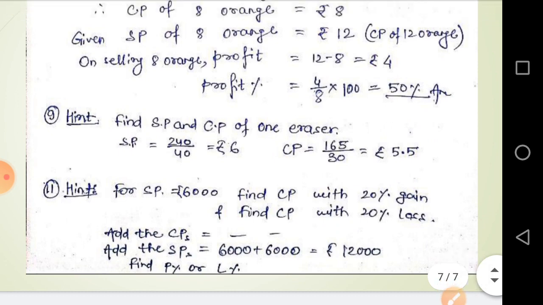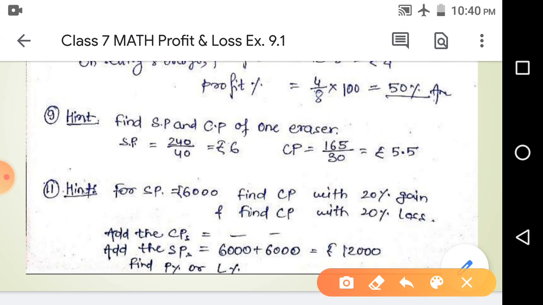Question number 11 is not the complete solution, but you can understand the hint given here. For SP equal to 6,000, that means there are two watches, each sold for 6,000. So for SP 6,000, for one watch, we have to find out the CP when there is a 20% gain.